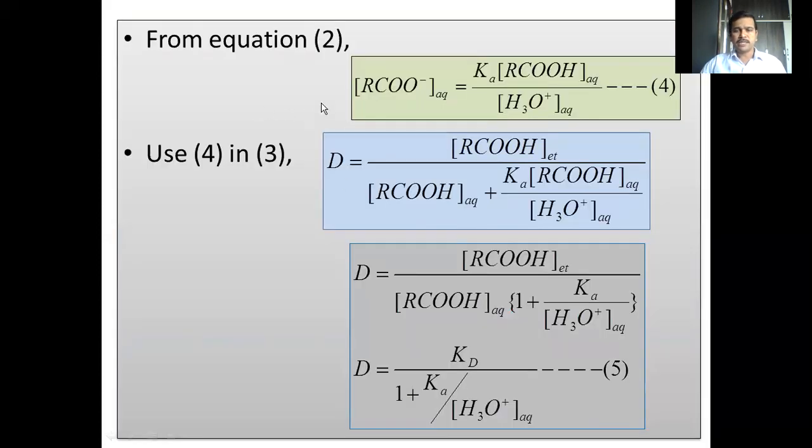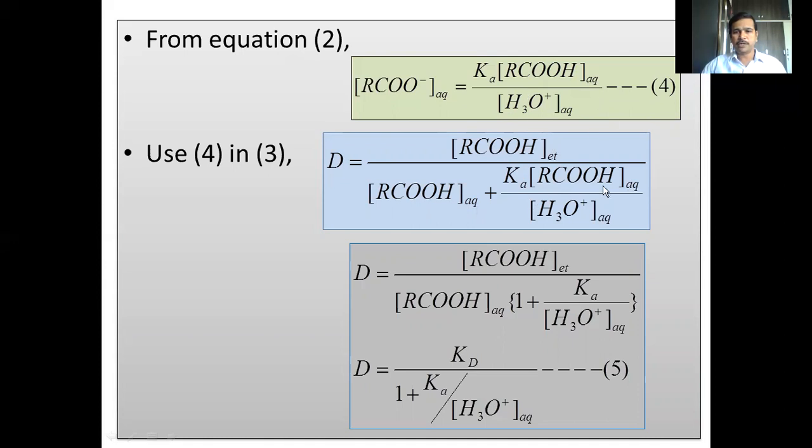Okay, from the second equation, we can simplify that. Concentration of RCO minus in the aqueous layer will be simply Ka into concentration of RCOOH in the aqueous layer divided by hydronium ion concentration in the aqueous layer. So you just substitute this in the expression of D. So we will get D is equal to concentration of RCOOH in the organic layer, that will remain the same, and concentration of RCOOH in the aqueous layer will also remain the same, plus concentration of RCO minus can be replaced by this value.